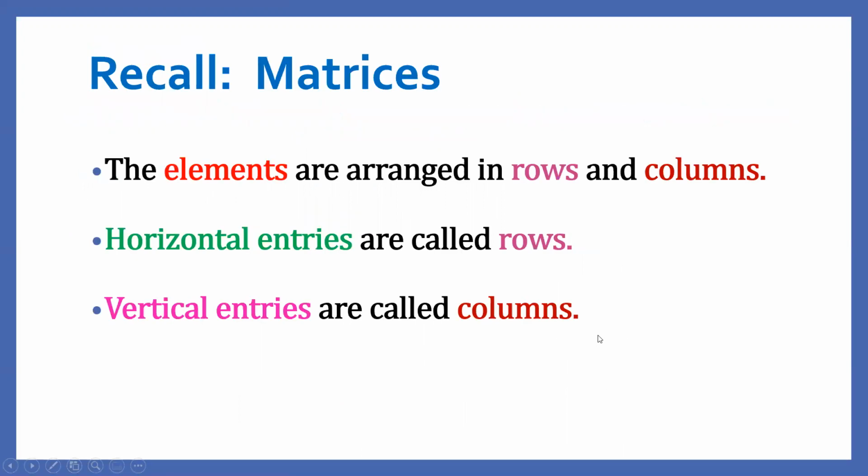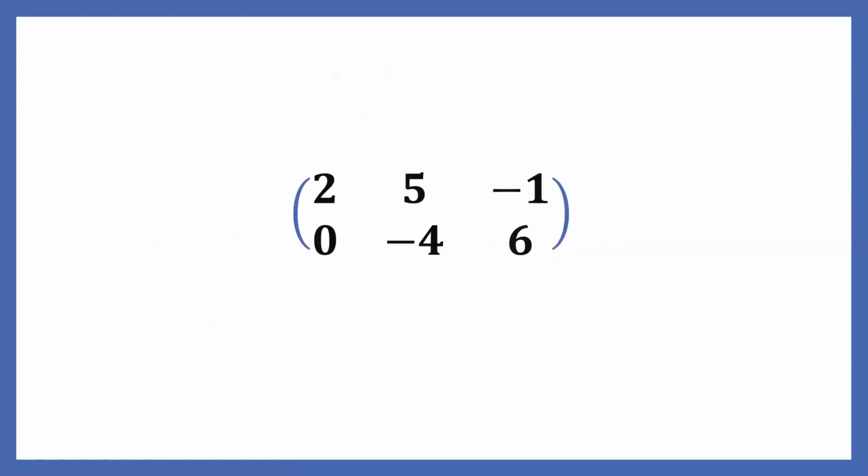The elements now can be arranged in rows and columns. The horizontal entries are called rows, while the vertical entries are called columns. So look at this example. Horizontal are rows, vertical we have columns.